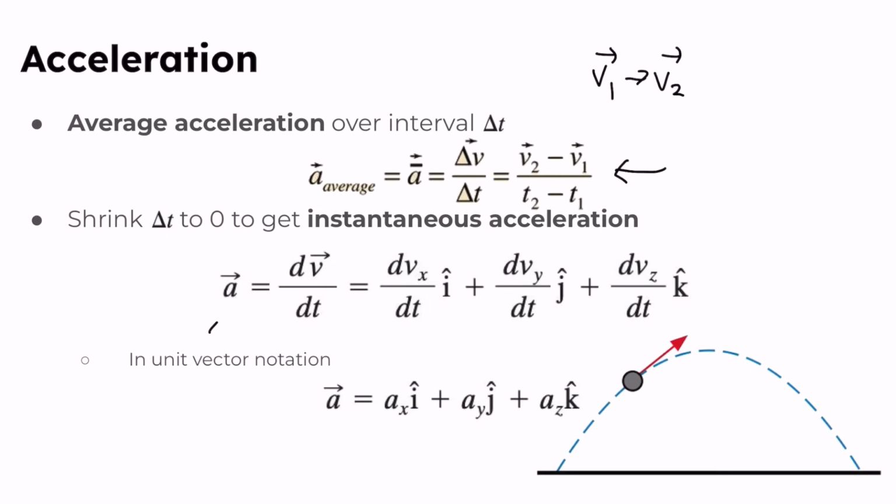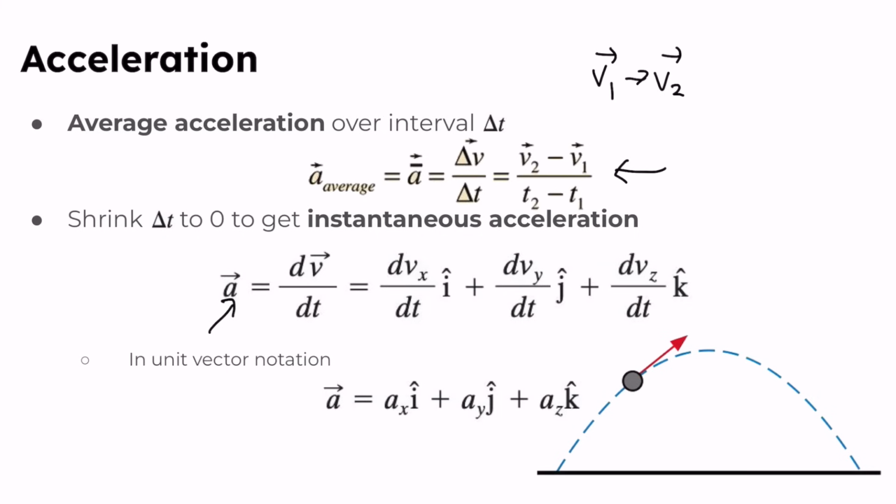So here we can see that the acceleration is again just a derivative, this time of velocity over the change in time. And we can also take that as the second derivative of the displacement. So if velocity changes in either magnitude or direction, that means the particle must have an acceleration.